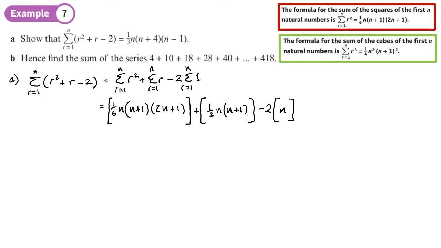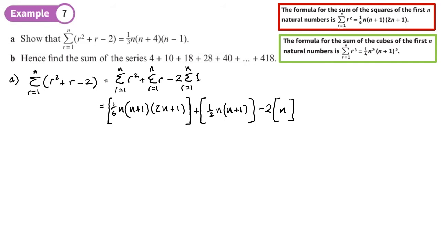Now if we look at what we need to get, can you see there's a third n outside the brackets, and I don't see a third n in any of the brackets. I could play around with the algebra to get a third n and then try and take the n plus 4 out, but this one might be easier just by multiplying everything out.